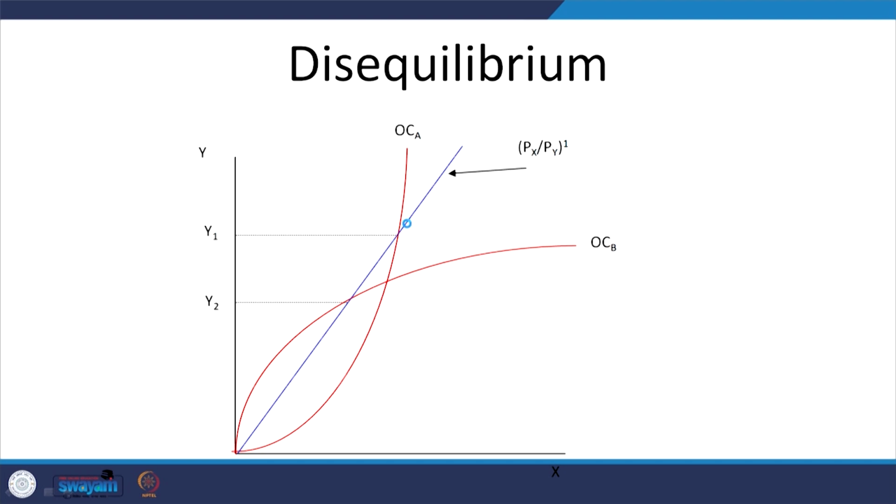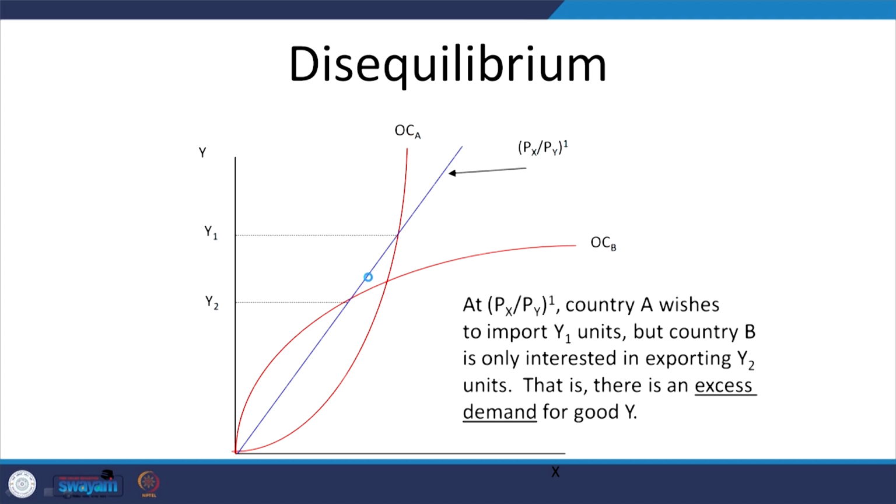There are 2 points to note. Here you can easily see that the relative prices for country A and country B are different, so they are not equal. Here country A is willing to export and import differently.